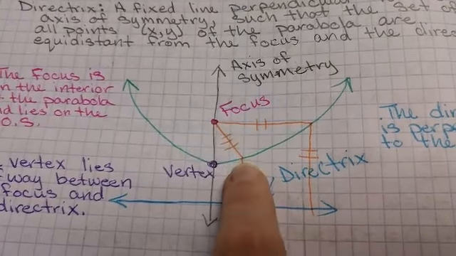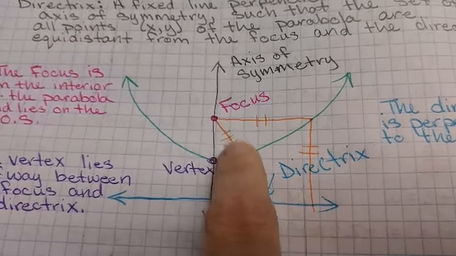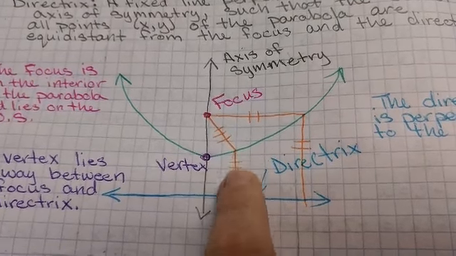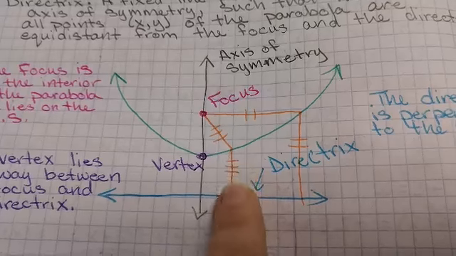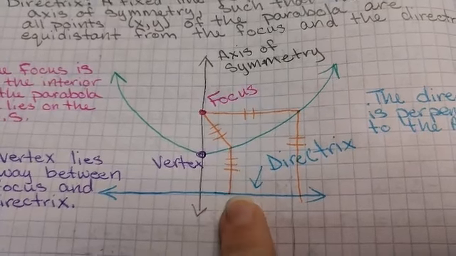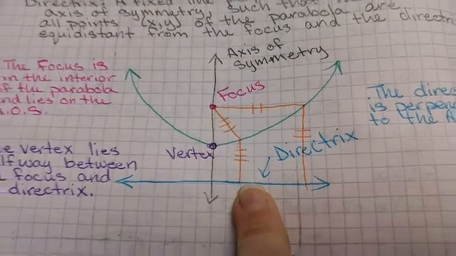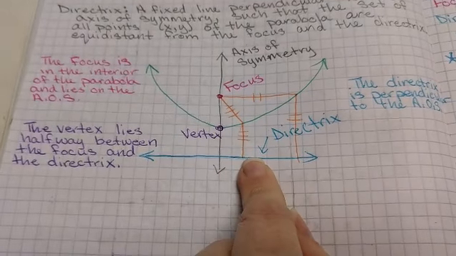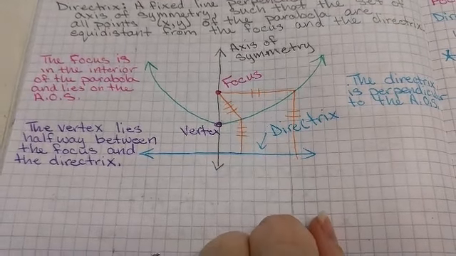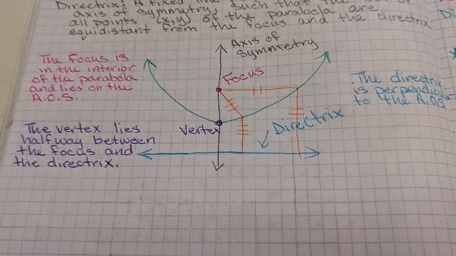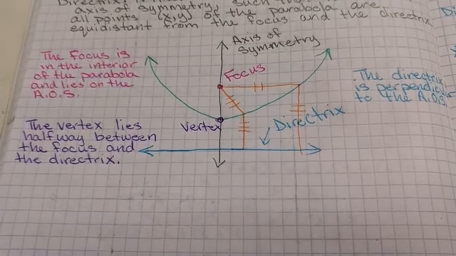Same thing here. If I go to this point on my parabola, this segment has to be the same exact length as this segment from the parabola to my directrix. I'll give you a second to write that down, and we'll move on.